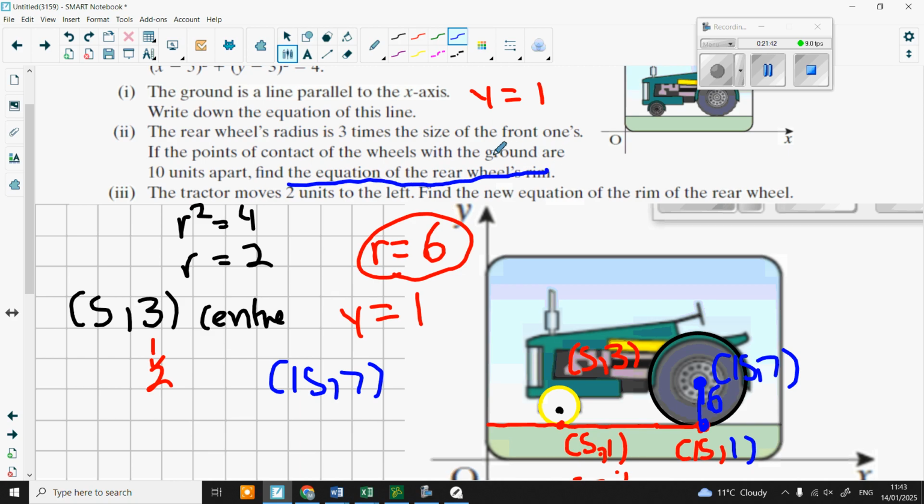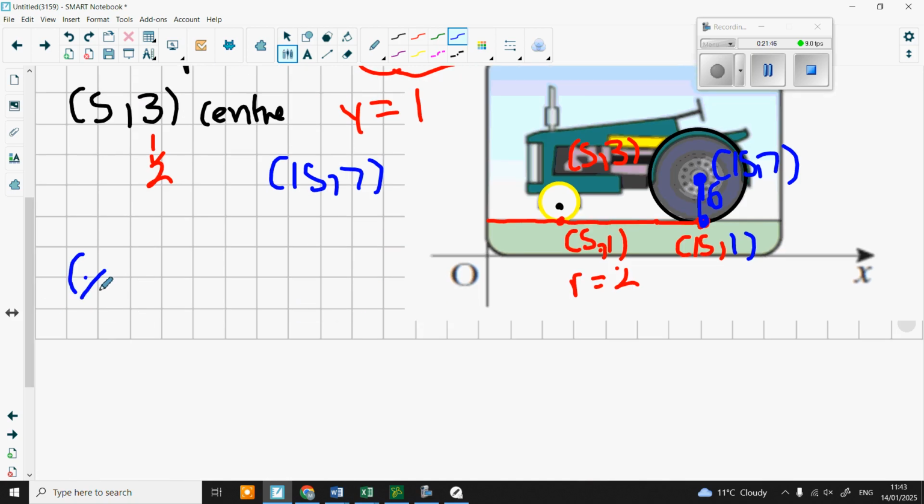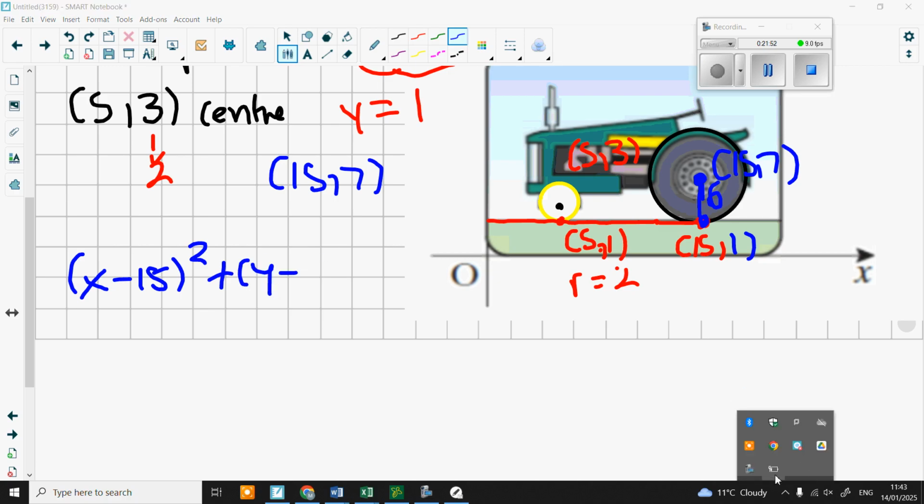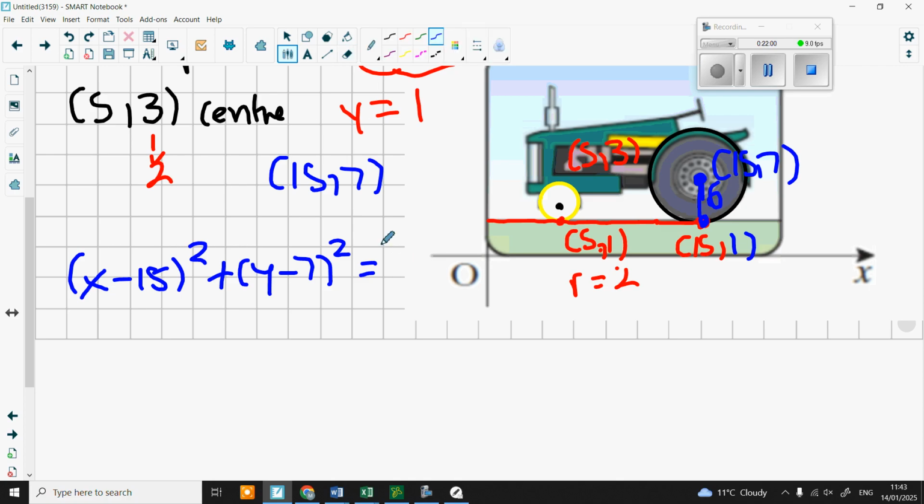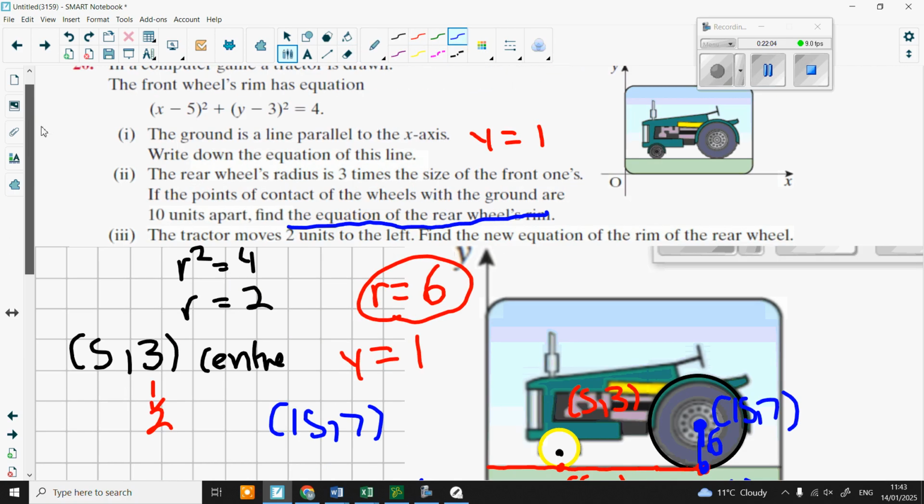And it asks us to find the equation of the circle. So what's the equation of that circle? x minus 15 squared plus y minus 7 squared equals 6 squared, which is 36. Okay.